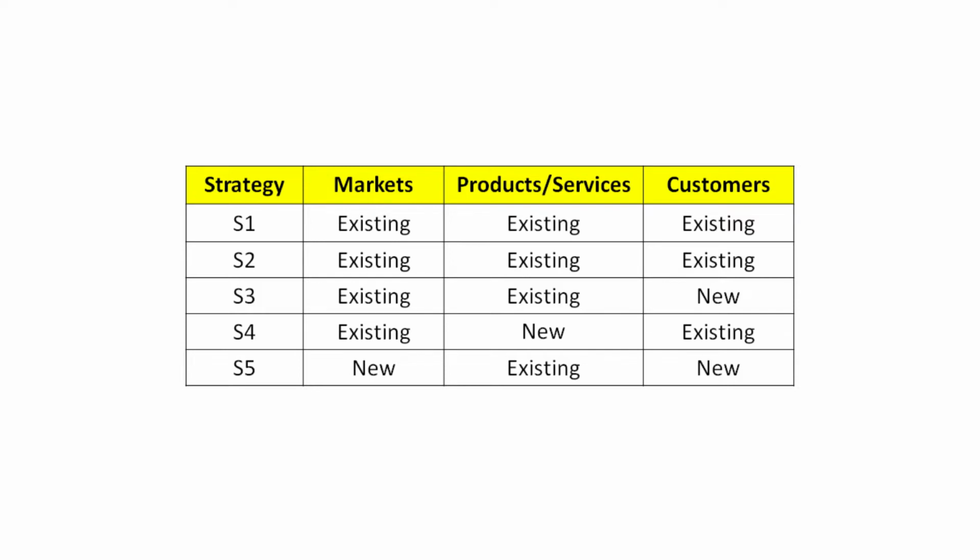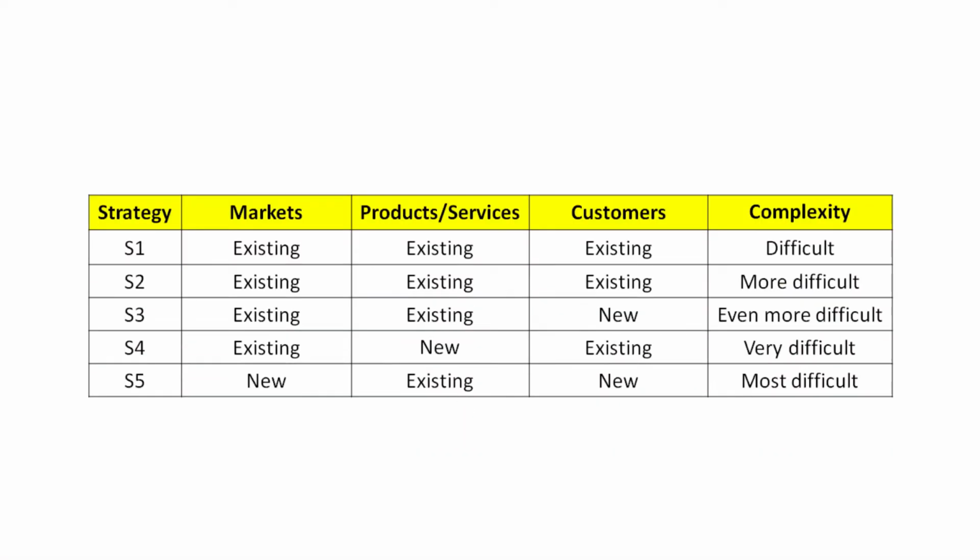If a strategy deals with all existing parameters, then it is relatively easy to implement. But if a strategy involves at least one new parameter, it is difficult to implement. We can see the relative levels of complexity in this table. S1, S2 and S3 are in the category of lower levels of complexity.